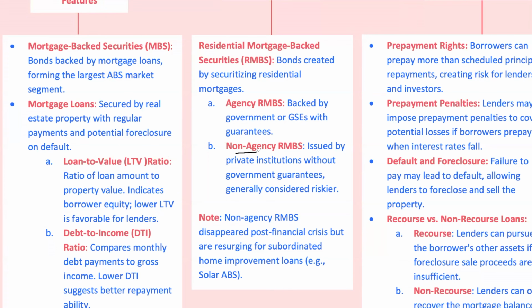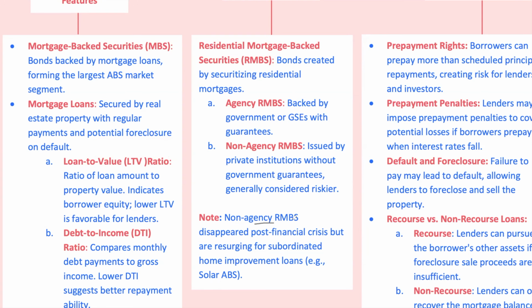In contrast, non-agency RMBS are issued by private institutions without government backing, so they don't have the same guarantees. This makes non-agency RMBS riskier, as investors are exposed to the creditworthiness of the borrowers directly.